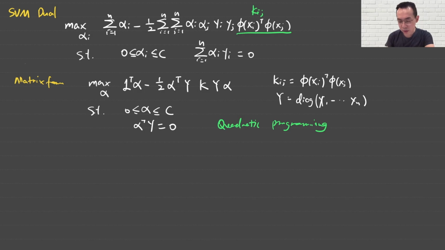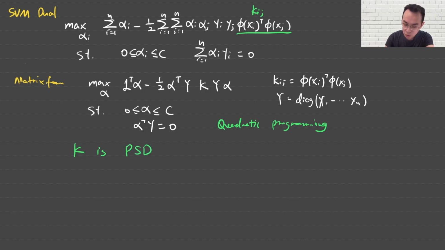And one thing here is that this K matrix is positive semi-definite. So that gives us a nice convex optimization problem. That's why the optimal parameters for the SVM exist, because the K matrix is positive semi-definite, it's PSD, right?